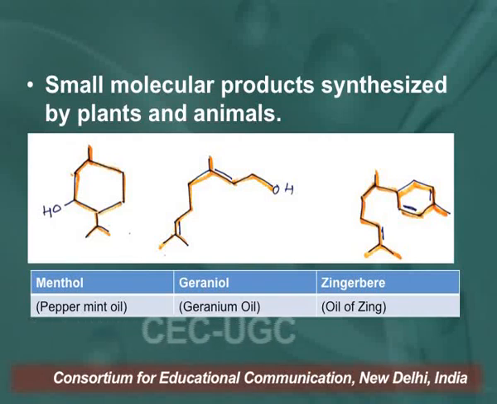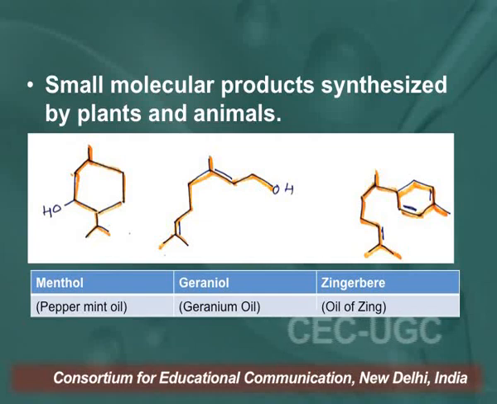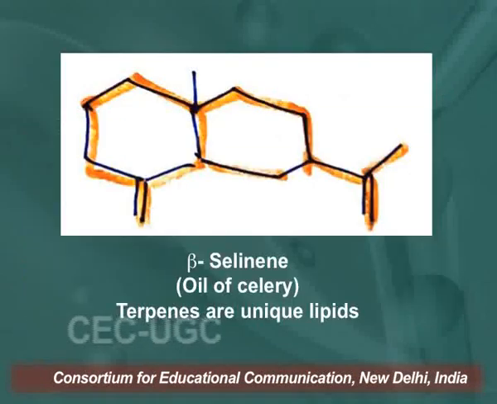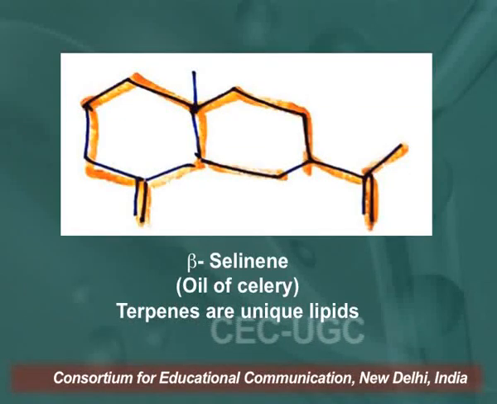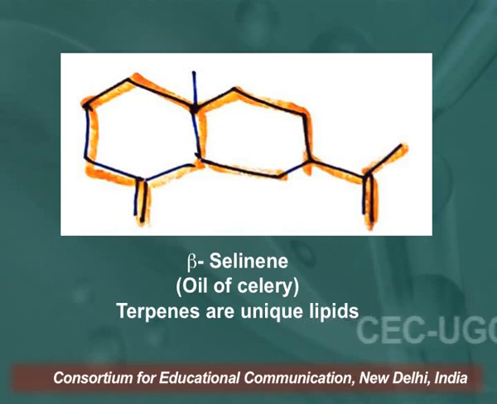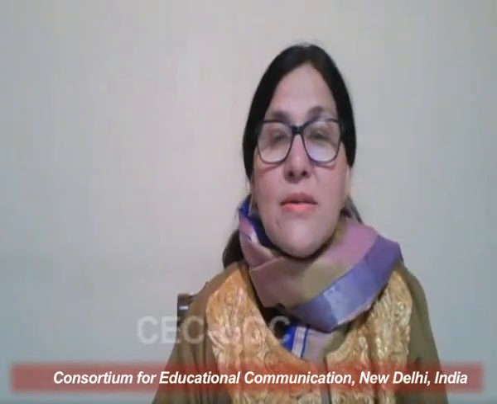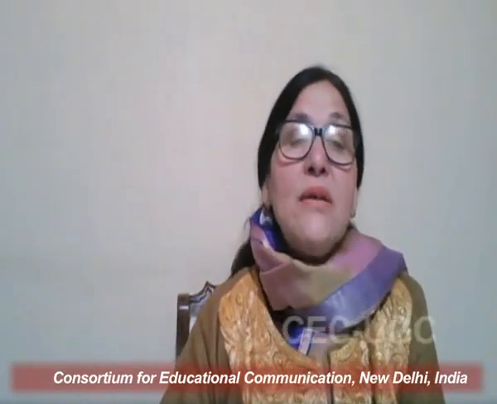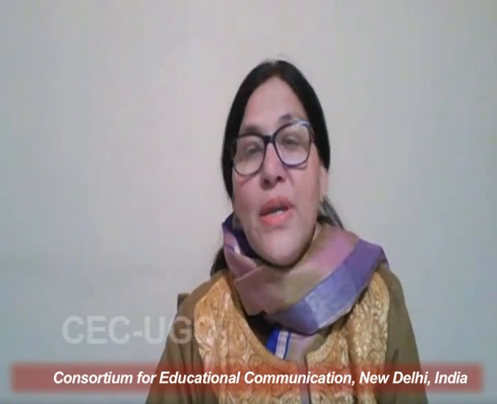So these are the structures you can see on the screen, which are also terpenes having isoprene units. Another structure you can see on your screen is beta-alanine, and that is oil of celery. So we can say terpenes are unique types of lipids. They are unique lipids. And this is the isoprene unit.